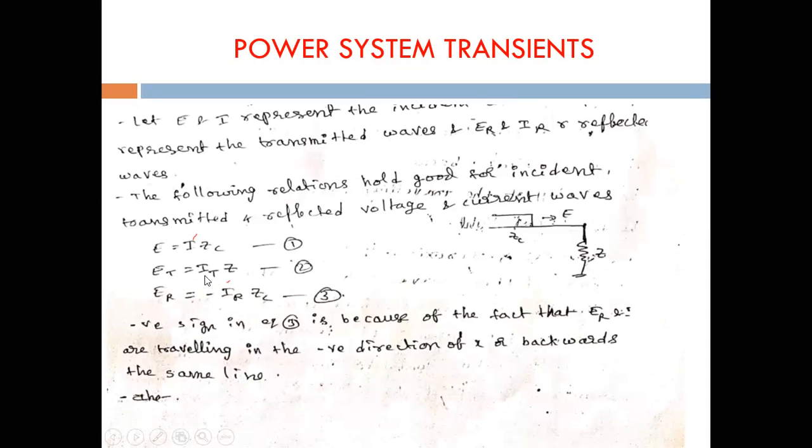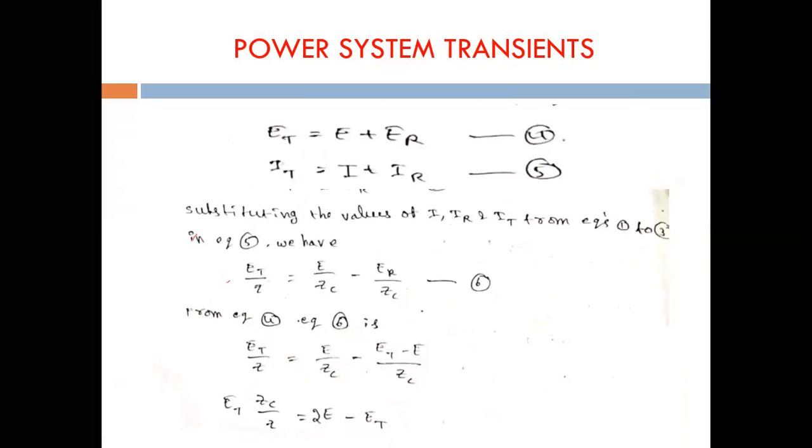IT is equal to ET by Z, I is equal to E by ZC, and IR is equal to ER by ZC. Here IT is the refracted current, I is the incident current, and IR is the reflected current.